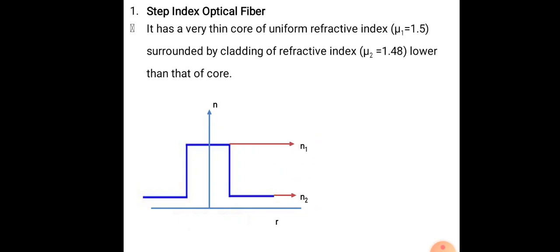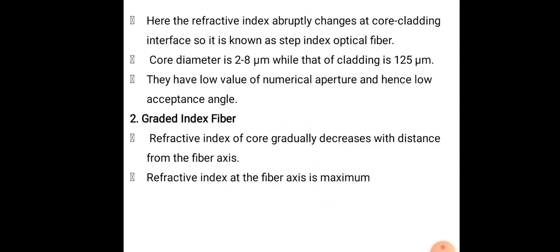Always keep in mind that the refractive index of core is greater than the refractive index of cladding. Next, here the refractive index abruptly changes at the core cladding interface, so it is known as a step index optical fiber.